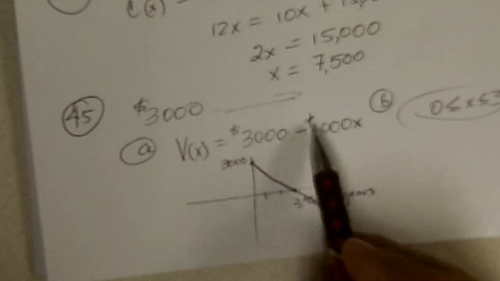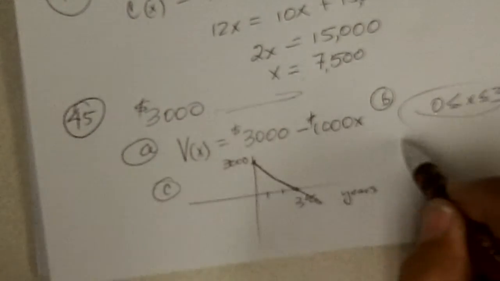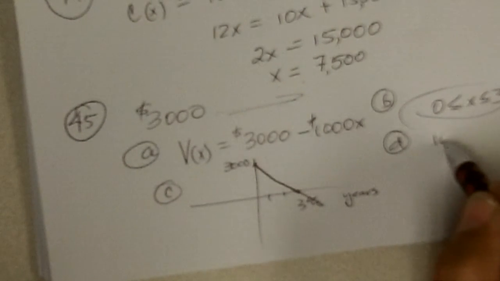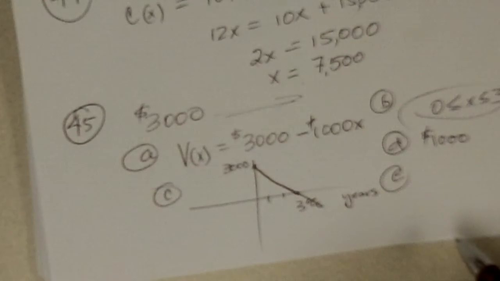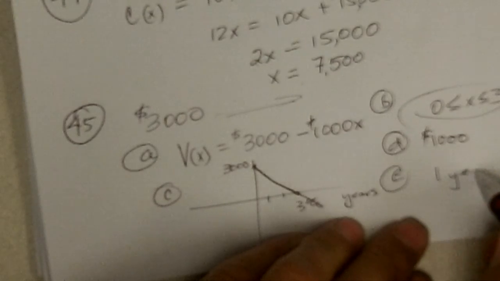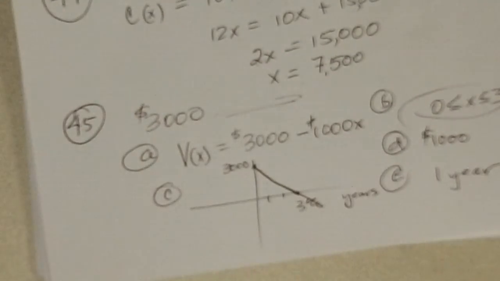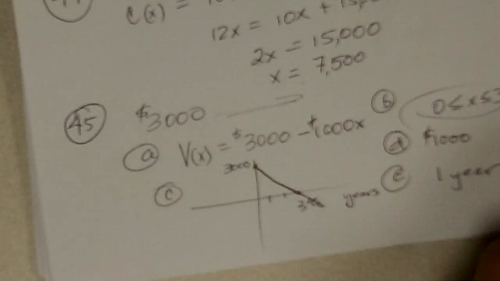Well, it'd be 3,000 minus 2,000, which is 1,000. And E, when will the computer have a book value of $2,000? After 1 year. They'll take 1,000 off and it'll be worth 2,000. Okay, and that's it.